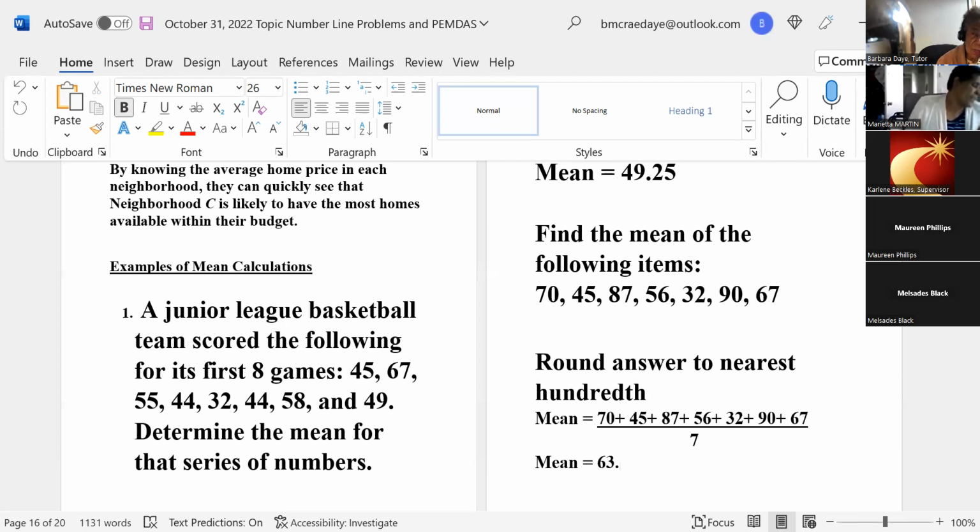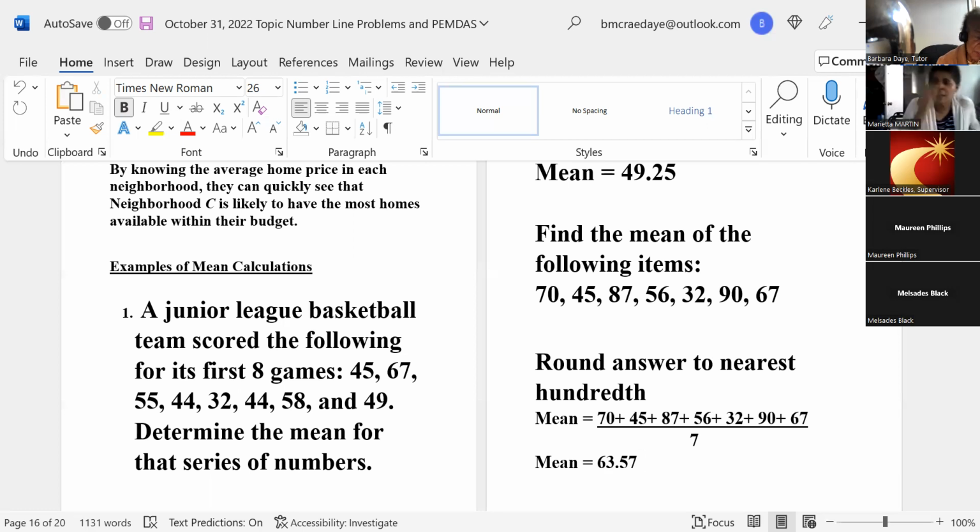What comes after the decimal point, Marietta? 57? No, that's not what I got.